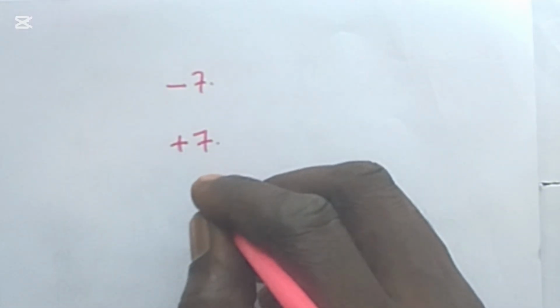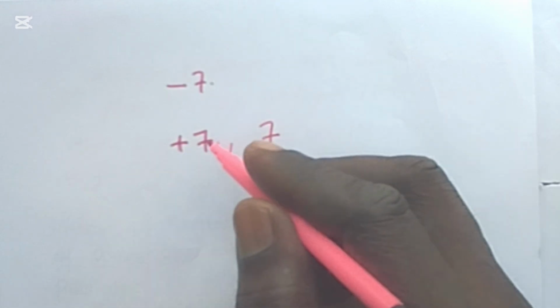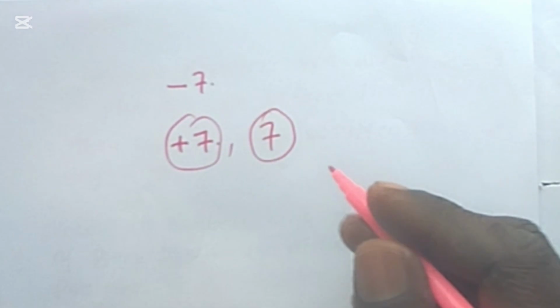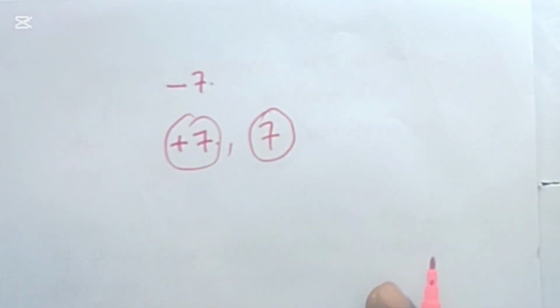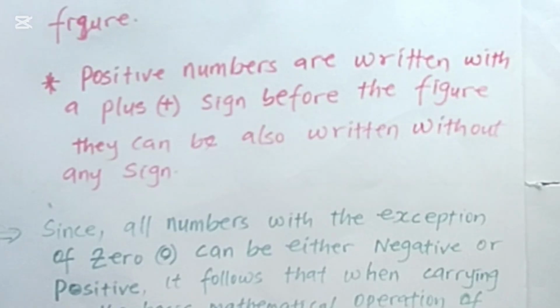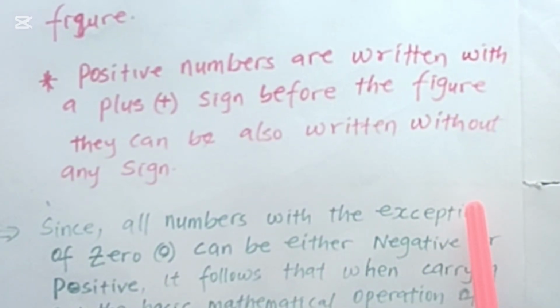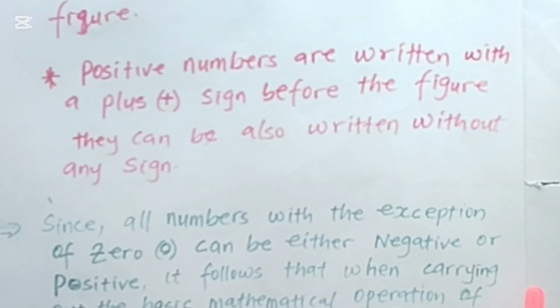This is positive 7. You can also write it as just 7. Plus 7 and 7 are the ways that we can represent positive 7. So all positive numbers are represented by either writing a plus sign before the figure or writing the figure without the plus sign. So we now know how to identify negative numbers and positive numbers.